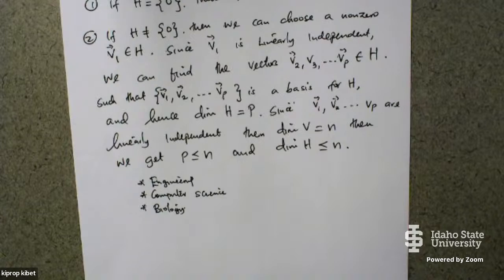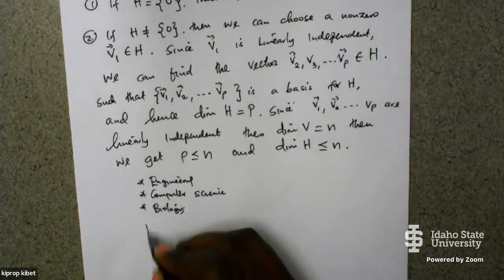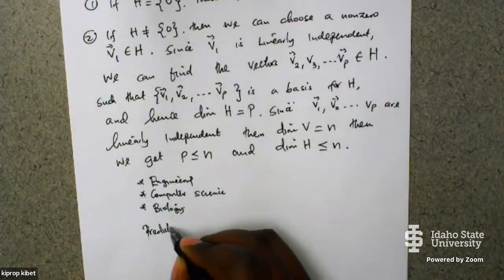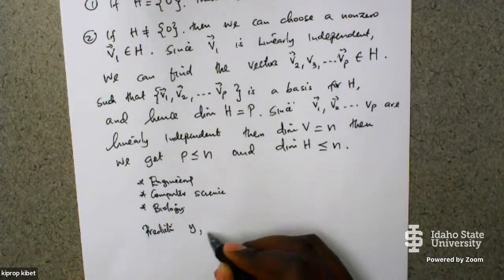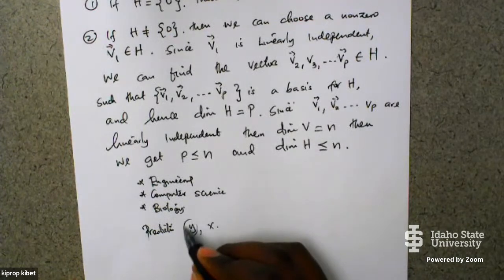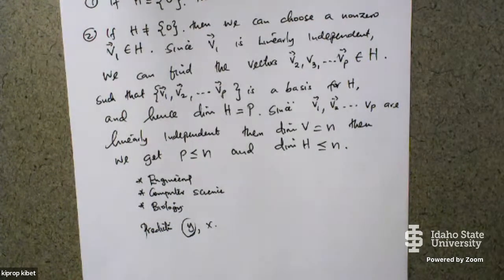So you either get the values of y, so you predict. Mostly these ones are for predictions. So you get y, and then you also get x. That is when you predict y.